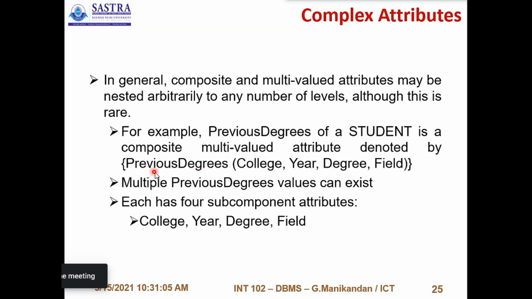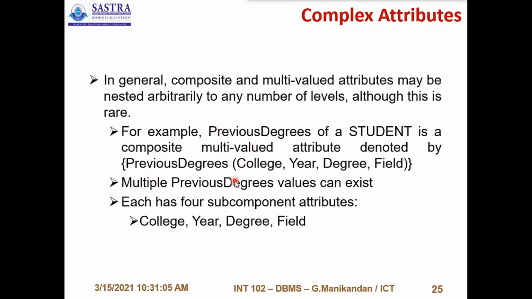As part of the previous degree, I want to store information about college, year, degree, and field. And I can have multiple previous degrees. So I am going to model this previous degree as a complex attribute, a combination of a multi-valued attribute and a composite attribute.